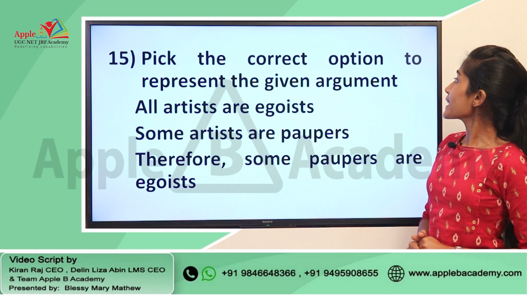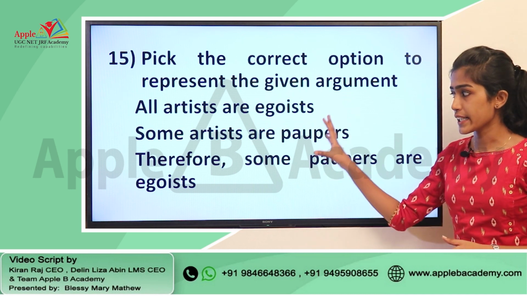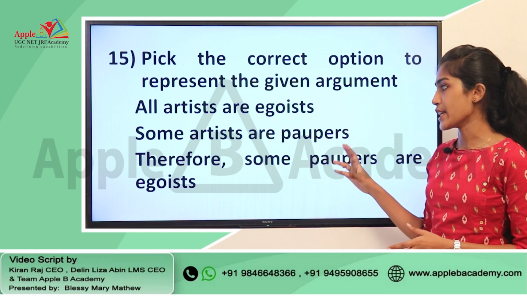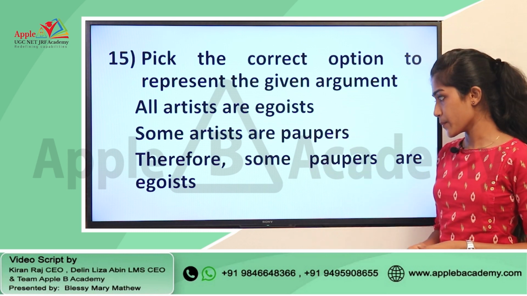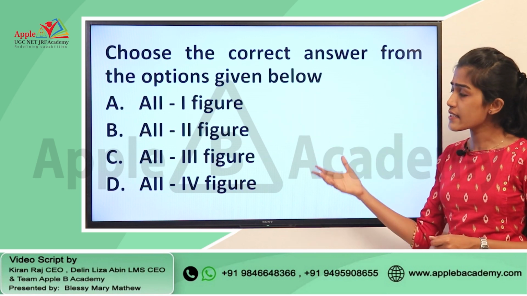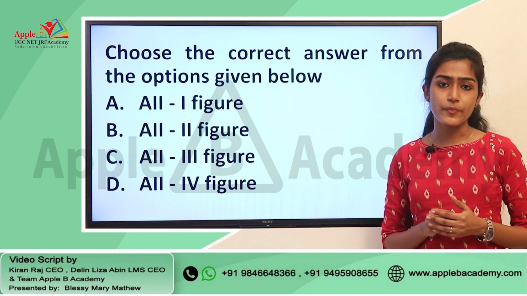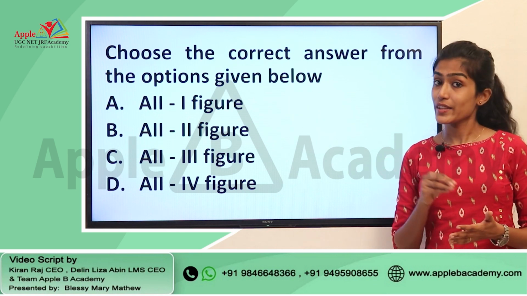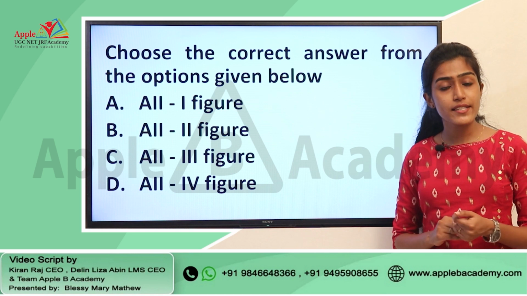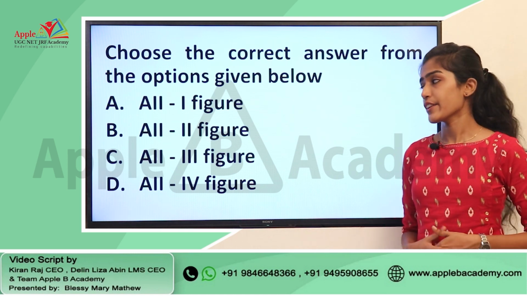Next question, pick the correct option to represent the given argument, and you have a particular argument given here. All artists are egoists, some artists are paupers, therefore some paupers are egoists, and if you consider the options given, we can say that this particular question is from the area mood and figure. So, this is from the module logical reasoning from Western logic. We have already learned about mood, figure and all that.